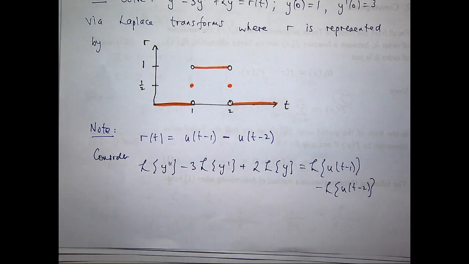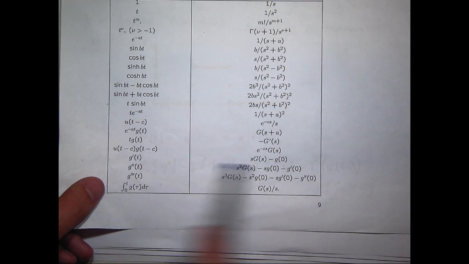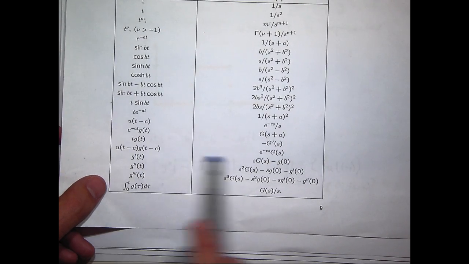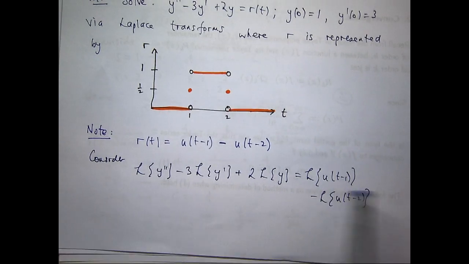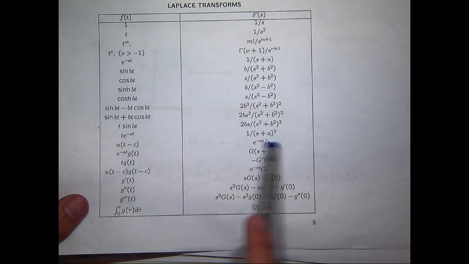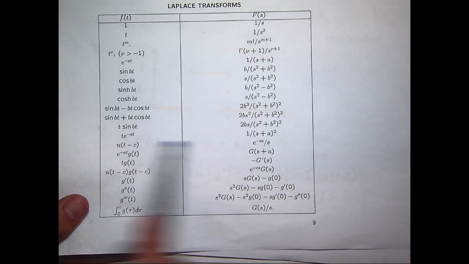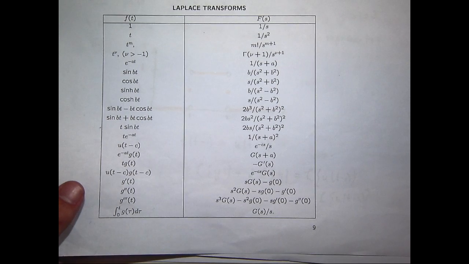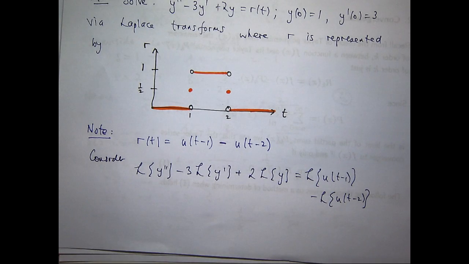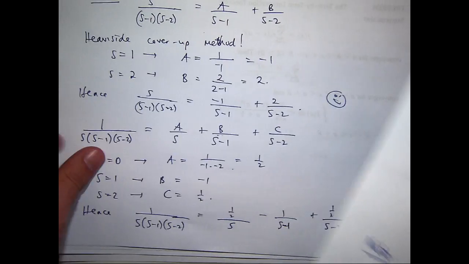And I can do that using a table. You can see in this line I've got the transform of the second derivative, transform of the first derivative. And for the step function, I've got the transform over here for various values of c. I'll put that back up again later if anyone needs it.